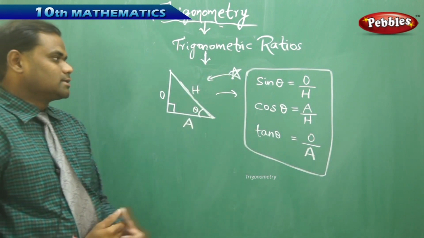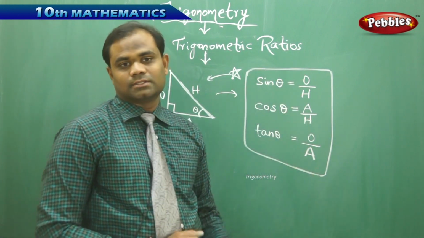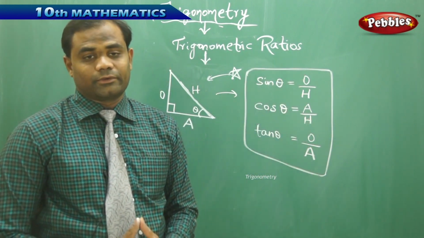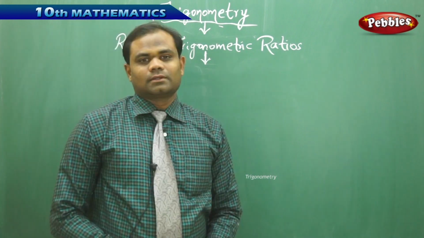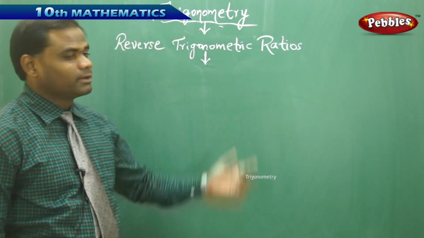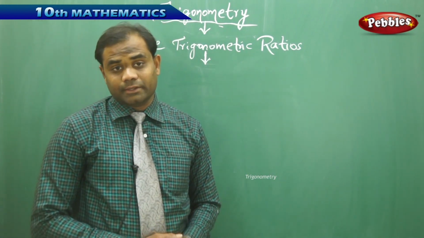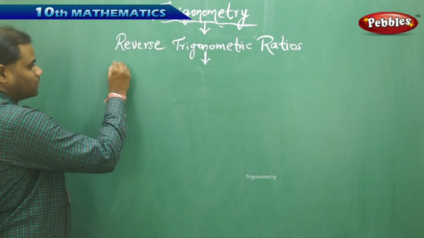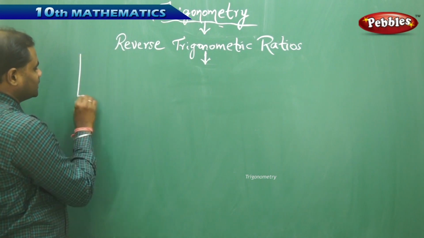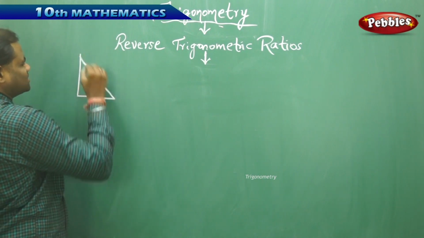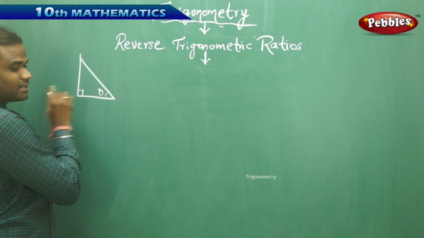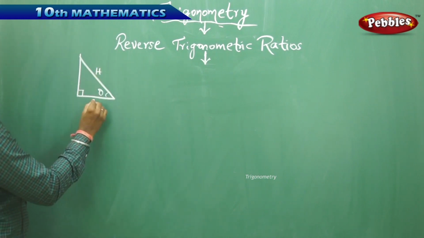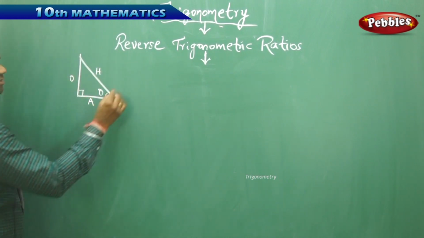This is how we understand sine, cos, and tan, the three trigonometric ratios in order. Now let's see the reverse trigonometric ratios, or reciprocal trigonometric ratios. It's very simple. We have already discussed that for a right angled triangle where this is theta, this is the right angle, this is the hypotenuse, opposite and adjacent.